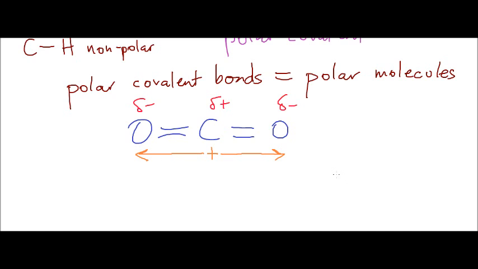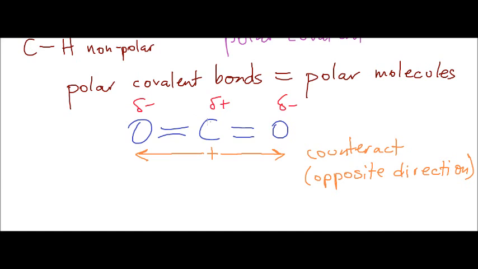So pretty much this kind of polarity, they counteract one another. We've got equal bond dipoles, but they're acting in opposite directions to one another. So they're pulling away from one another.